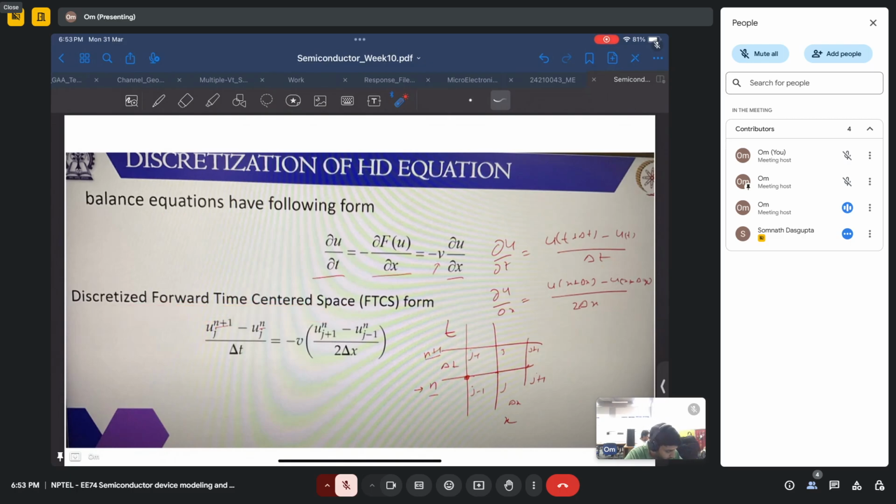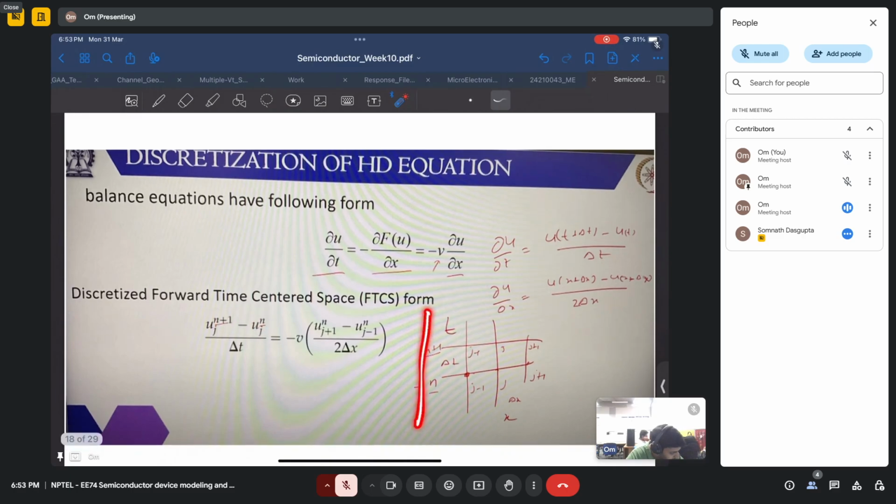How we solve it is: u_j^(n+1) minus u_j^n by delta t equals minus v times u_(j+1)^n minus u_(j-1)^n by 2 delta x. Now what is n and j? If this is the time axis and this is the space axis, then in the time axis the difference between two nodes is delta t, between the (n+1)th and nth node.